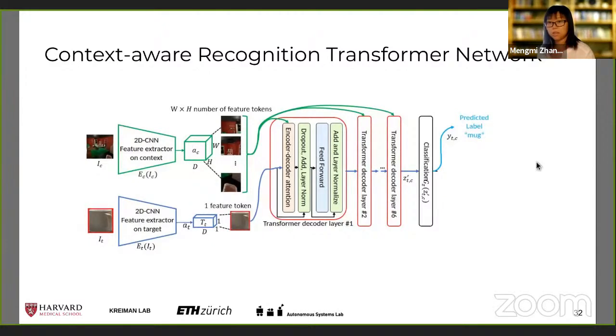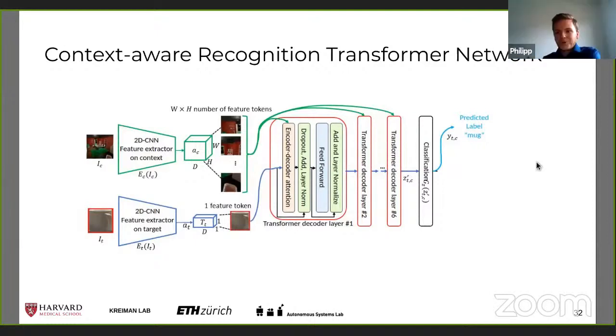I'm not exactly sure whether Philip has visualizations of attention maps in the subsequent slides, but I think that would actually tell us what the relationships are between different regions on the image. Yeah. Very good points.